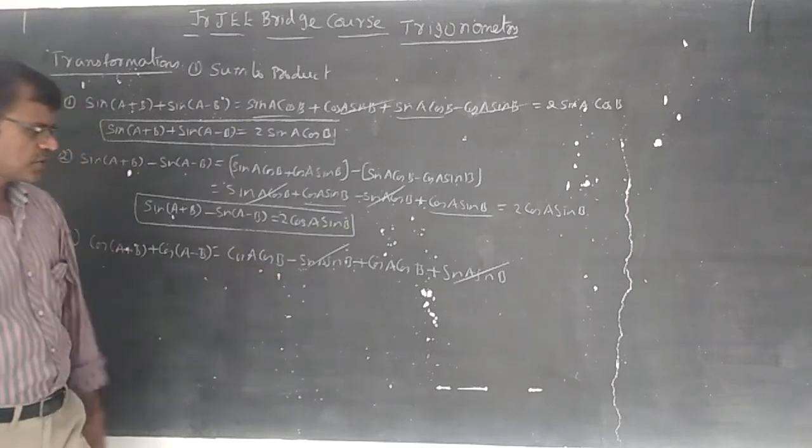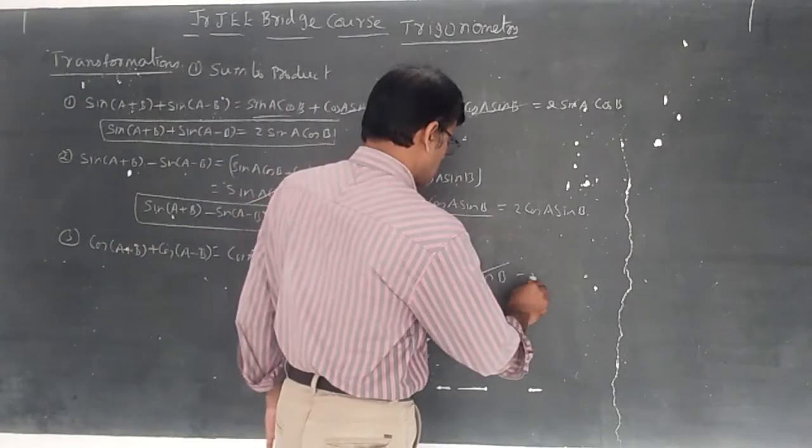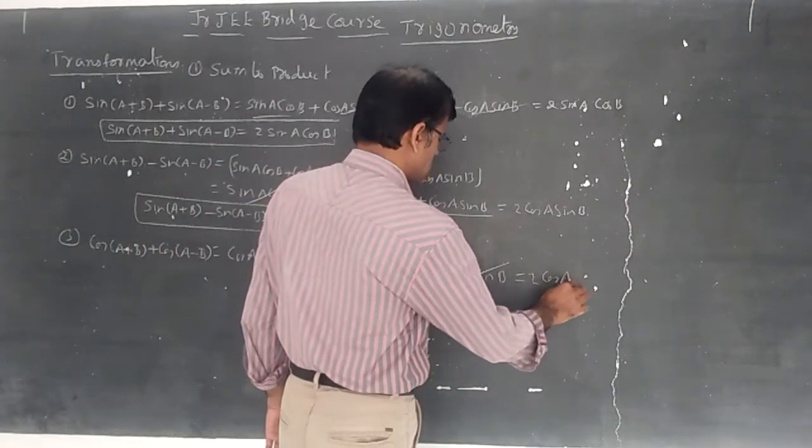So cos A cos B plus cos A cos B we got as 2 cos A cos B.